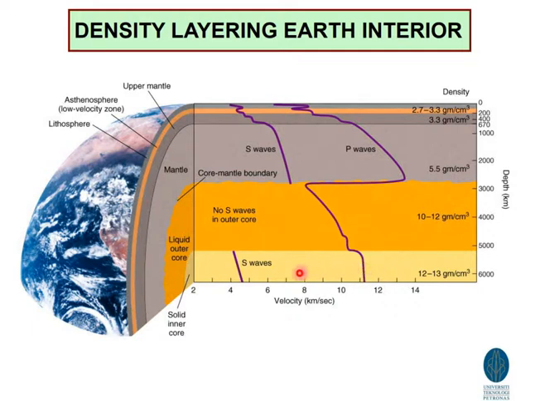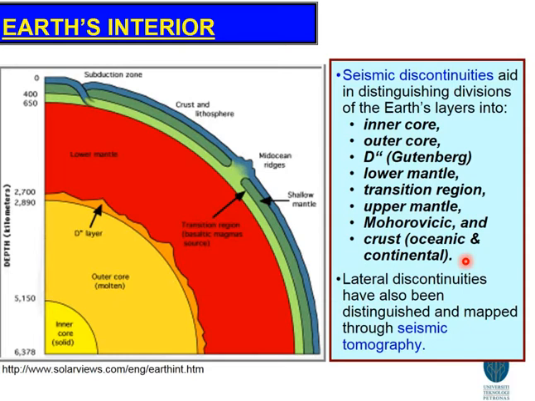The inner core is 5,100 to 6,370 km in depth. Both P and S waves are present and also increase with depth. The velocity of seismic waves does not always increase consistently with depth, as shown in the previous slide.